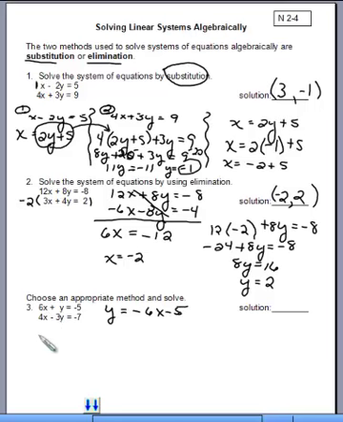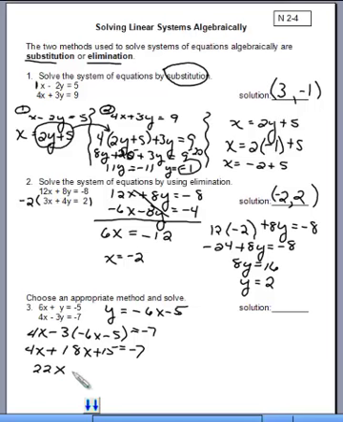Then plug that in for this y in the second equation, so you have 4x minus 3 times negative 6x minus 5. That goes in there for the y, and that equals negative 7. So 4x, that's going to be plus 18x, and plus 15 equals negative 7.